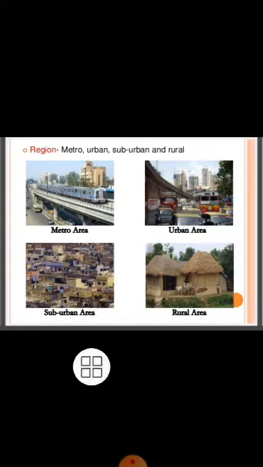And similarly not for the suburban areas, but they will prefer to choose the location for such a restaurant in a metro area, because there would be more potential buyers.